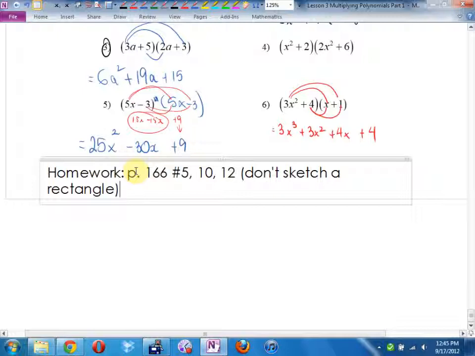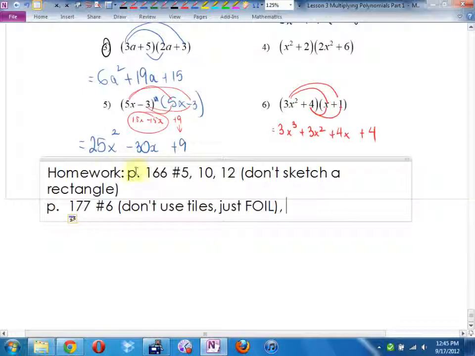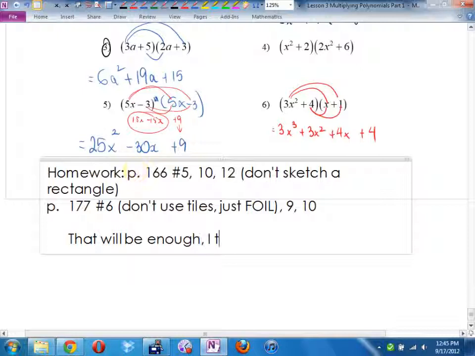And page 177, number 6, don't use tiles, just FOIL. 9, 10. That will be enough, I think.